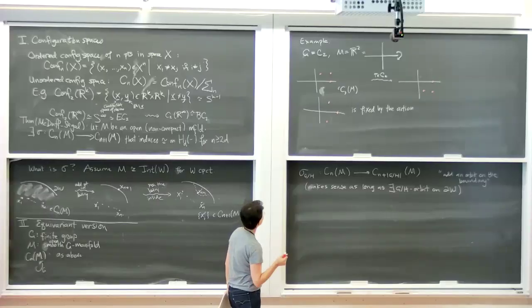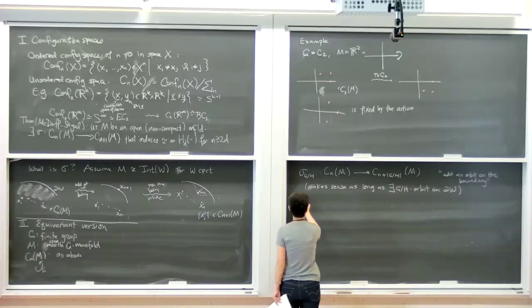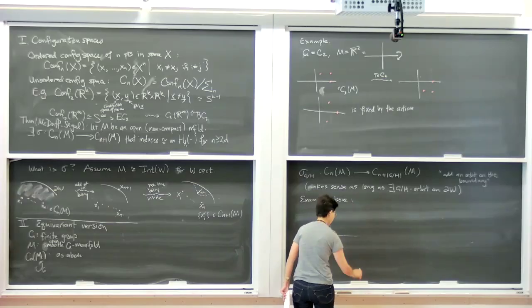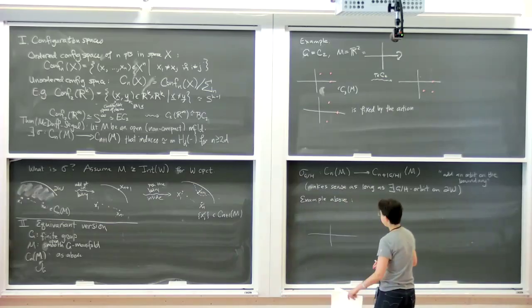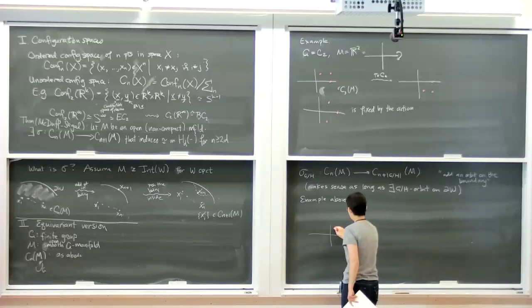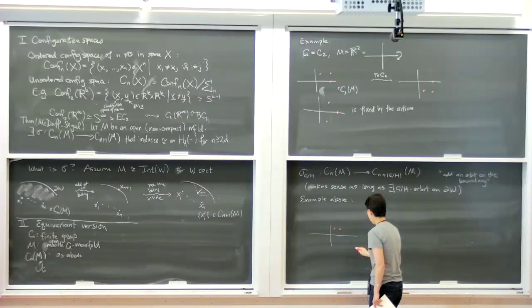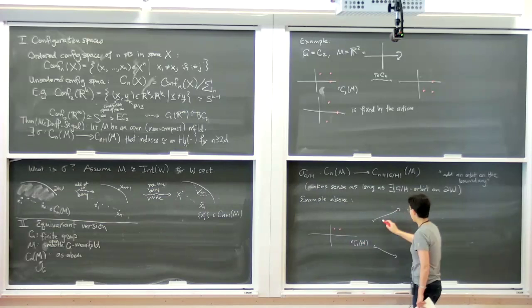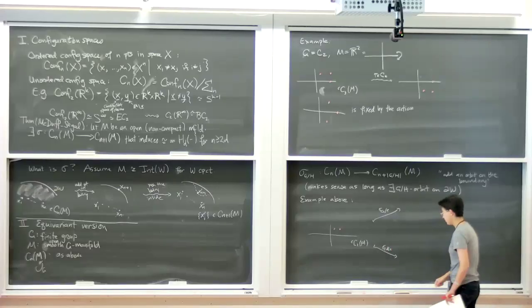So let's just write down what this looks like. In the example above, let's take this point. So here's a point in C2 of M. And I can consider two different stabilization maps. I can try to add a free orbit, or I can try to add a fixed point.